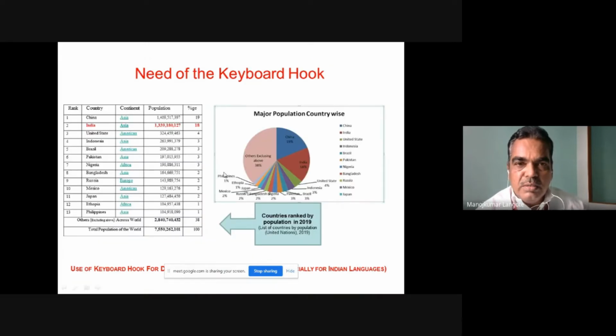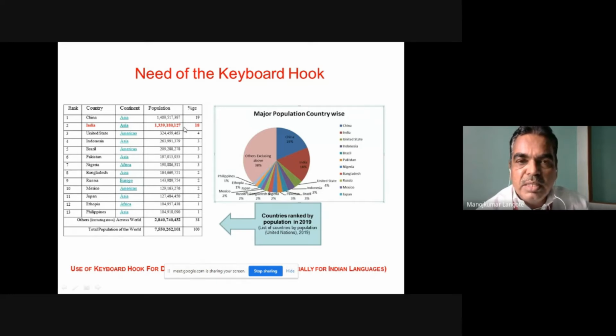So here, the need of keyboard hook. First, I studied the top 13 countries having the largest population of the world. Obviously, China is at the first position, which is having 140 crore 95 lakhs, means approximately 140 crore.